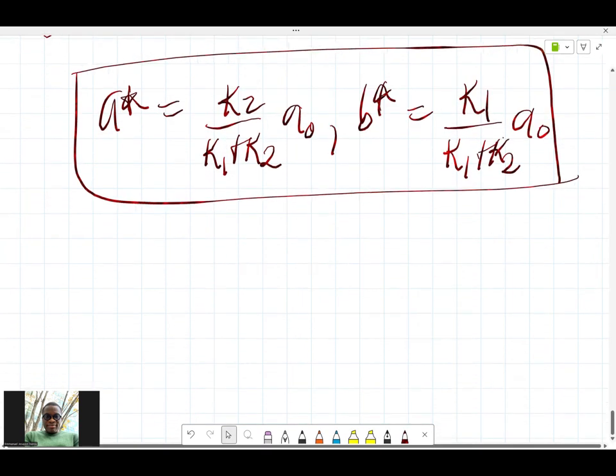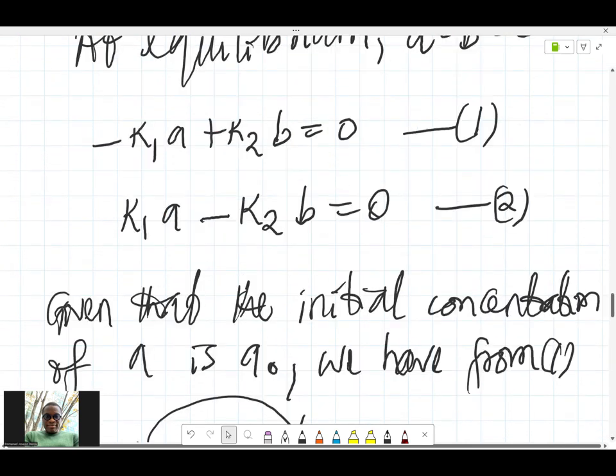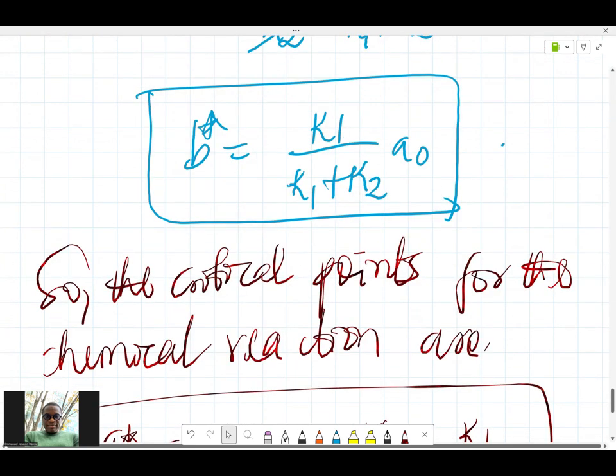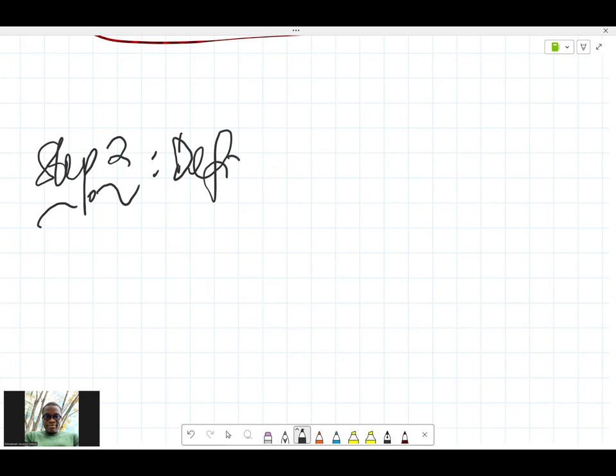The next thing we want to do is define the Lyapunov function. Step one was to find the equilibrium point, which I have found now. So step two is where we define a Lyapunov function.